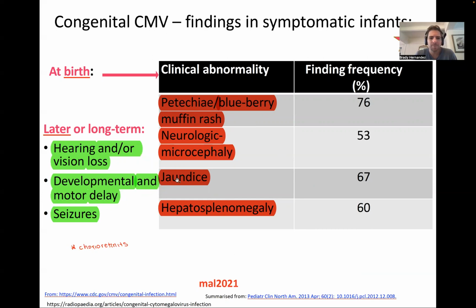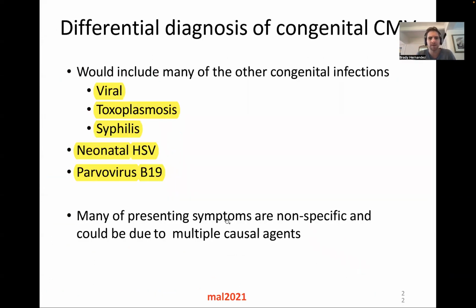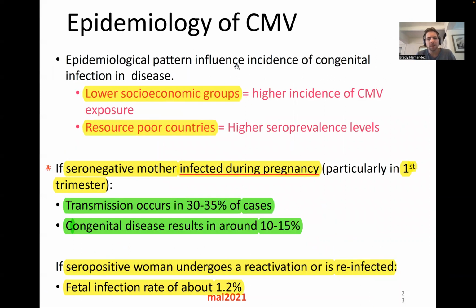Be careful, this blueberry muffin rash is not specific; there are some other things that can lead to that as well. Oh, I wrote it in here, chorioretinitis. So CMV, eyes and ears. Keep that in mind, and we'll look at some of these other ones as well.